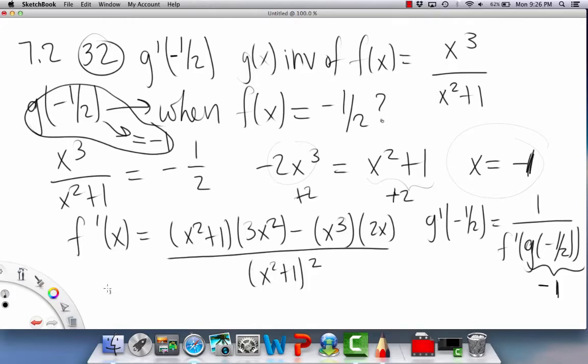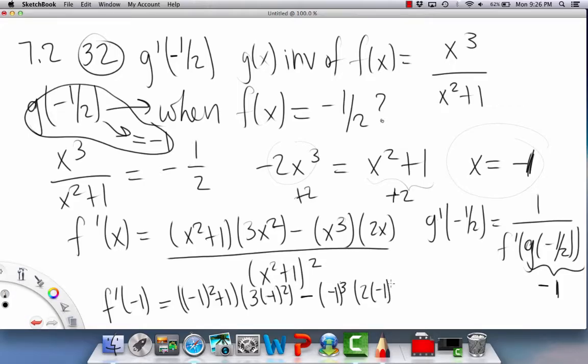So let's figure that out right now. F prime of negative 1 is going to look long, but it's actually going to simplify pretty nicely. So negative 1 squared plus 1 when we plug in negative 1, and then 3 times negative 1 squared again, and then negative 1 to the third, and then 2 times negative 1.